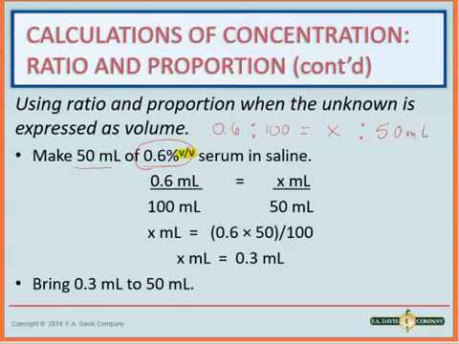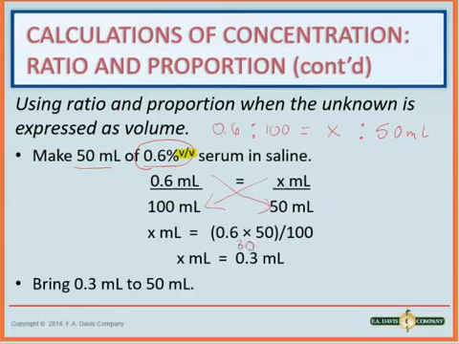So once you get your two equal ratios set up, then you can change your ratios to a fraction so you can solve it. And that's what's been done here. And then of course you can do your cross multiplication in order to solve. 0.6 times 50 is 30.